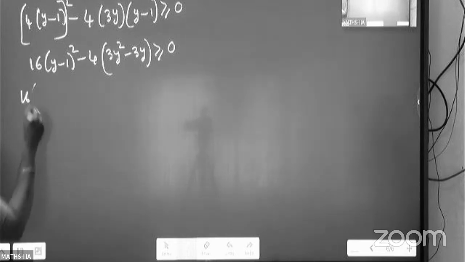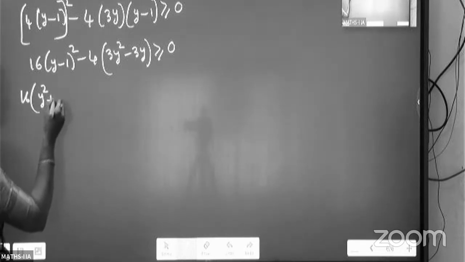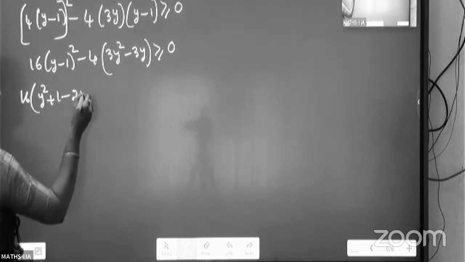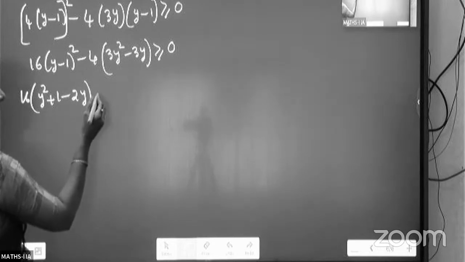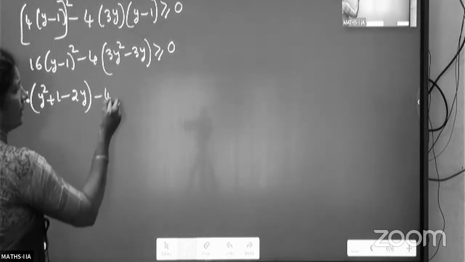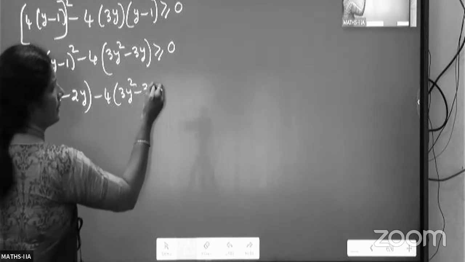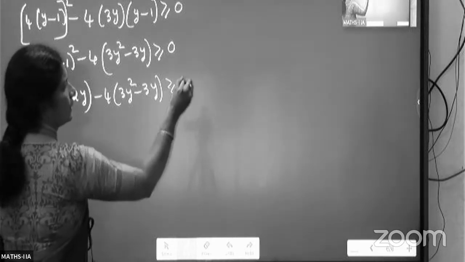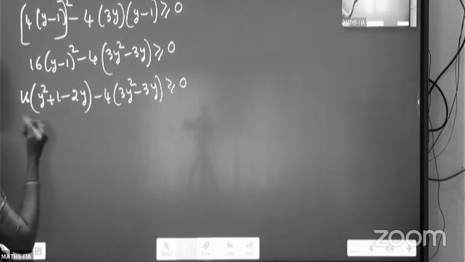16 into, expand (a minus b) whole square: y square plus 1 minus 2y. Don't take the minus 4 inside, let it be outside only. Minus 4 into 3y square minus 3y, which is greater than or equal to 0. If you observe, there is a 4 common in both of them.